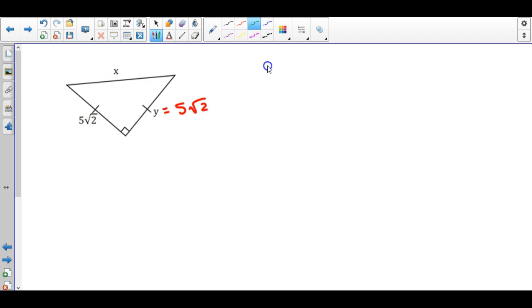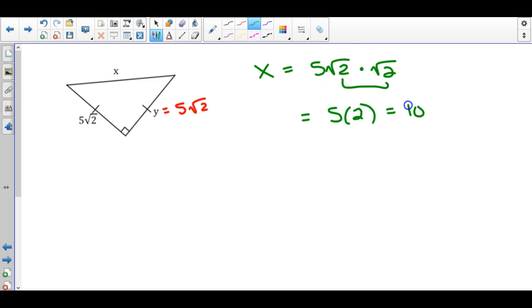To go from leg to hypotenuse, so I want to figure out this x value, I'm going to take the length of my side and multiply it by the square root of 2. Again, the hypotenuse is radical 2 times the length of the leg. So radical 2 times radical 2 is really the square root of 4, which is 2. So I really have 5 times 2 here. So my x value, which again is the hypotenuse, is 10.